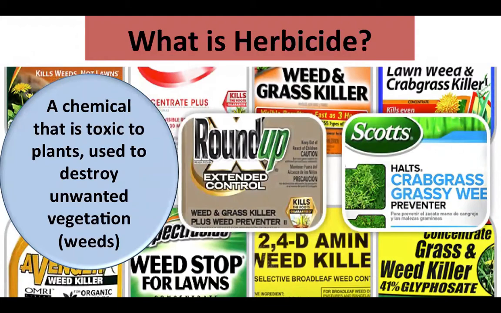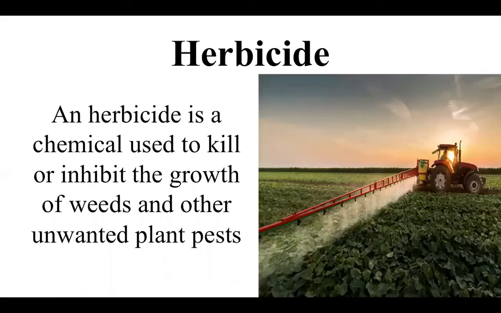So in the background picture, you can see all these are different kinds of herbicides which are used in order to control the weeds, grass, and many other plants. So it is a chemical which is used to kill or inhibit the growth of weeds and many other plant pests which are considered to be unwanted.